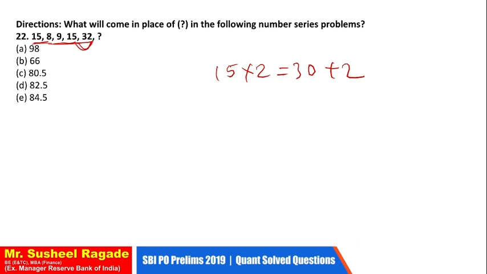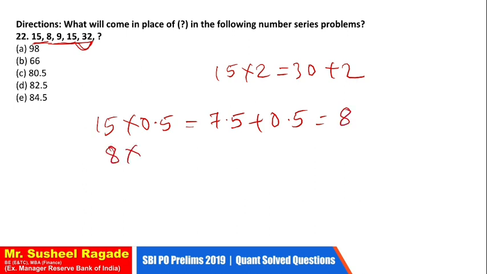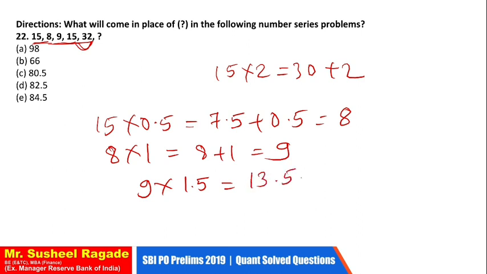So let us see what formula they have used here. Like 15 into 0.5 is equal to 7.5 plus 0.5 is equal to 8. 8 into 1 is equal to 8 plus 1 is equal to 9. 9 into 1.5 is equal to 9 plus 4.5, that is 13.5, plus 1.5, it means 15.